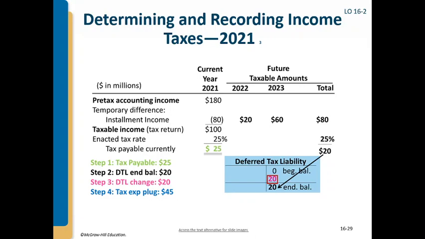Since at the beginning you have a zero balance, that's going to be the full amount of your deferred tax liability, which is also a credit. And then again, your tax expense is simply a plug number, in this case the sum of the tax payable currently plus the deferred tax liability.